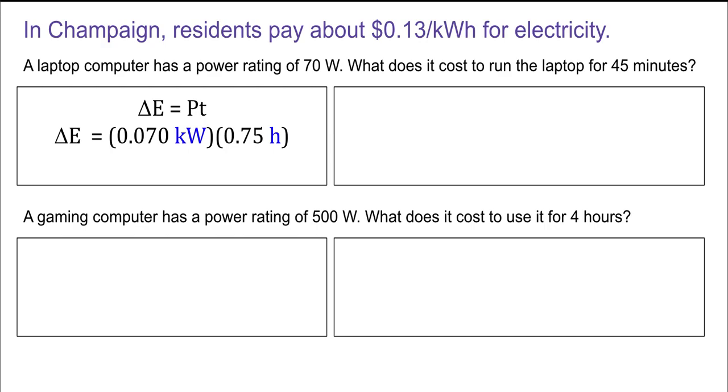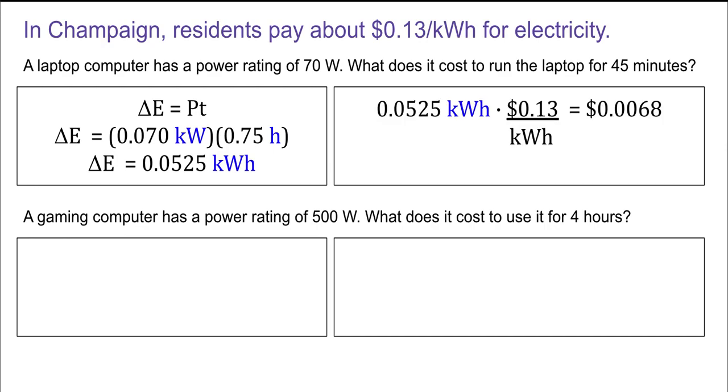So converting 70 watts to kilowatts, converting 45 minutes to hours, we get that the amount of energy measured in these other units is 0.0525. And then since each kilowatt hour costs us 13 cents, we can multiply and find out what the cost of using our laptop computer is. So not too much, not even a penny, not too bad.